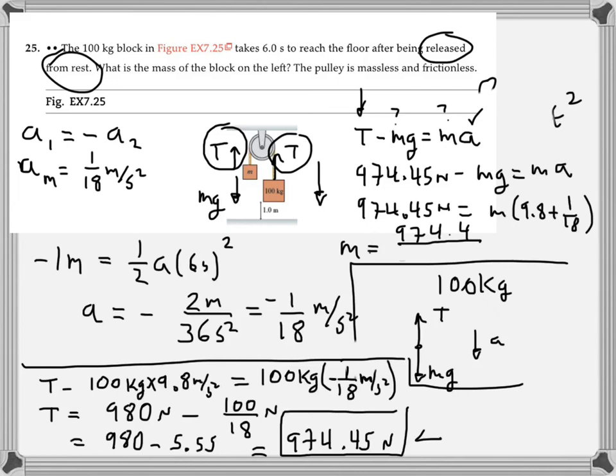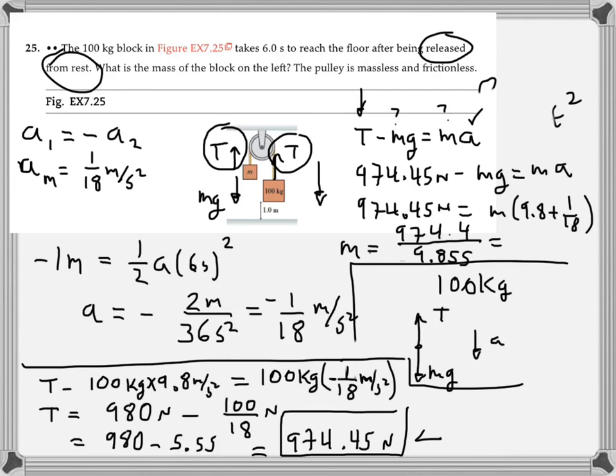So let's do that. 1 divided by 18 is 0.0555 plus 9.8 equals 9.855. So we're dividing by 9.855.